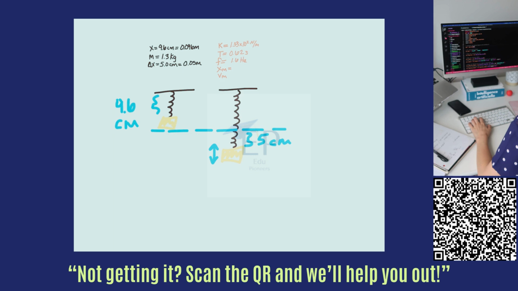Now, since it's simple harmonic and our amplitude is based from the position of equilibrium, which is where the block was before it was pulled down, we can say that our maximum amplitude is actually going to be that 5.0 centimeters, because that is how far the block was pulled down before it started oscillating.